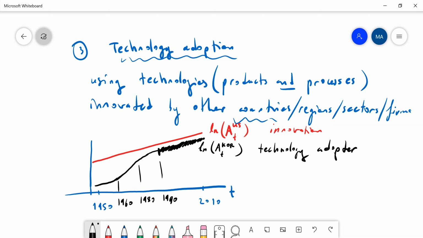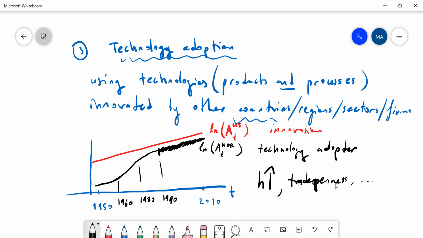They try to transfer these technologies from abroad, and once they become sufficiently productive, their technological capabilities are large enough, so they have high enough human capital, they have trade openness, they have other factors, so eventually they start innovating themselves.